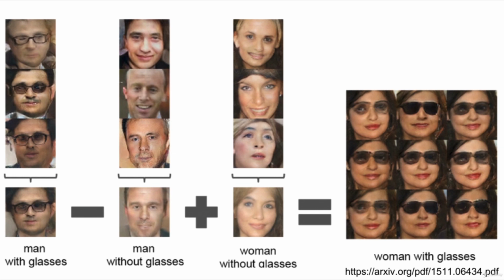Then we add the vector for the woman. Thus we obtain a new vector in the latent space. And if we make a forward pass with this vector, we will obtain an image of a woman with glasses. In other words, our arithmetic operations in the latent space become meaningful.